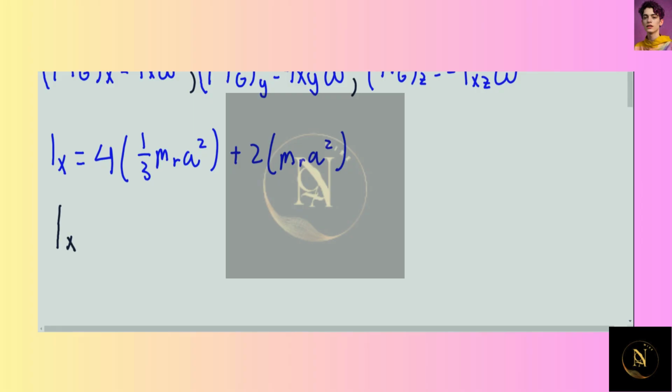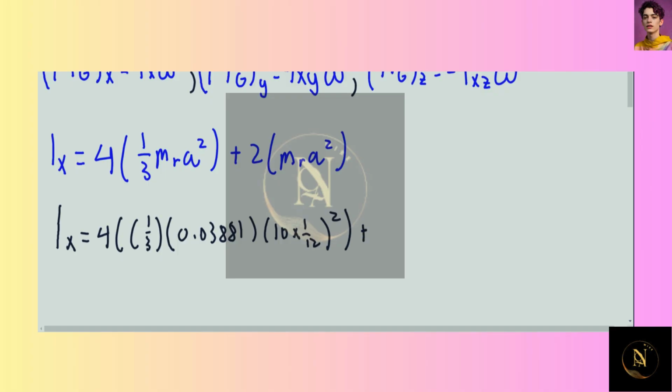So now Ix is equal to 4 times 1 over 3 times mr times a squared. So the 10 inches converted into feet, squared, plus 2 times mr times a squared.